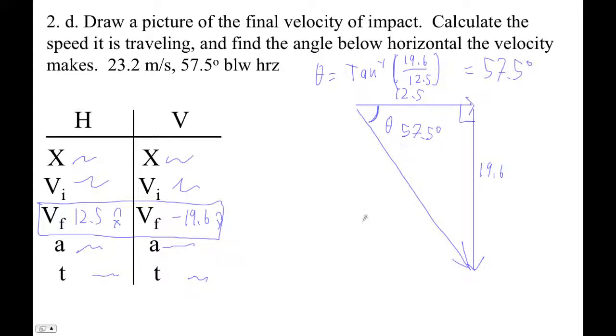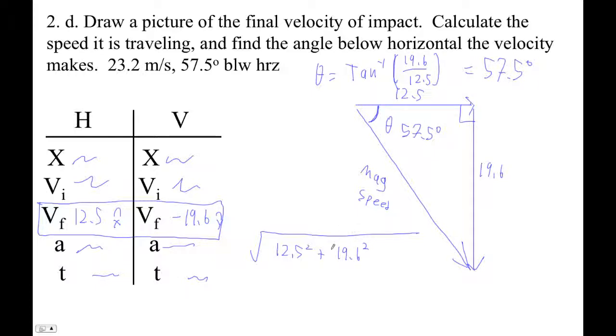And then our magnitude, we're just finding the hypotenuse. This is the Pythagorean theorem here, right? So the magnitude is also known as the speed, if it's the velocity vector, right? These are synonymous. The magnitude of velocity is also the speed. So let's see. That would be the square root of 12.5 squared plus 19.6 squared. Now, you don't put minus signs in there. I know that's negative 19.6. Don't be putting them into your little square root things, unless you put them in parentheses, because your TI calculator will betray you.